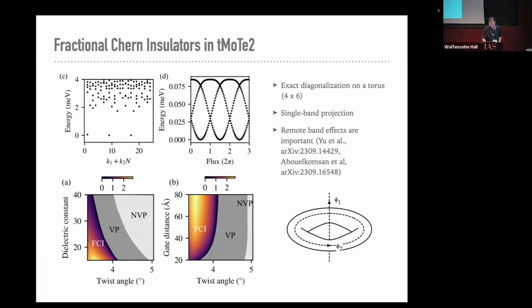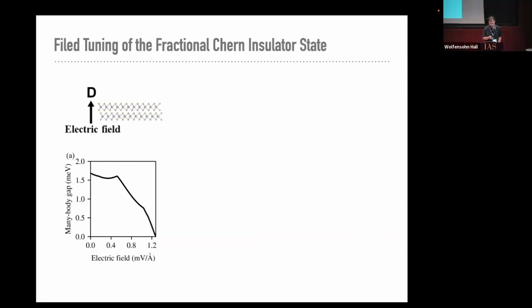Okay, so we can also do more testing and compare with the experiments. Because we are talking about homobilayers, you naturally have 2 layers. If you apply an electric field, it will introduce not just pushing charges into the system, it will give you a potential difference between the top and the bottom layer. If you think in terms of the Haldane model, that gives you an A and B sublattice potential difference.